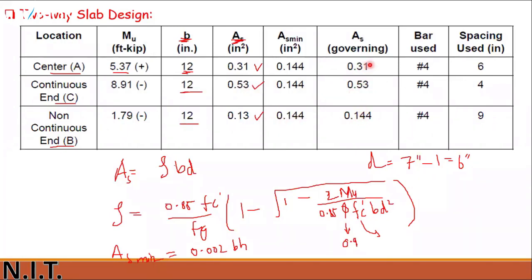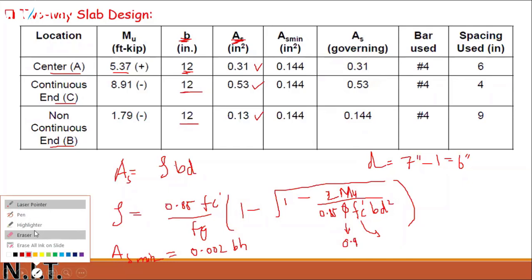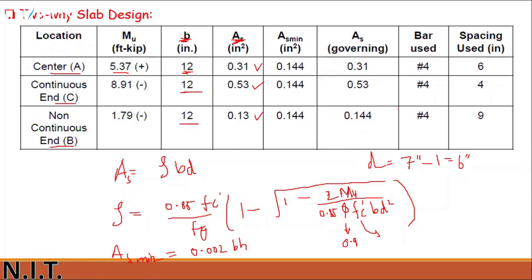Clear? By using these governing values, use the table number, as I told you before, to find out the area of steel.